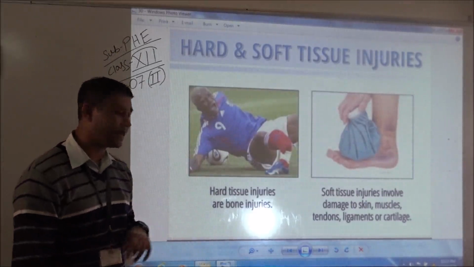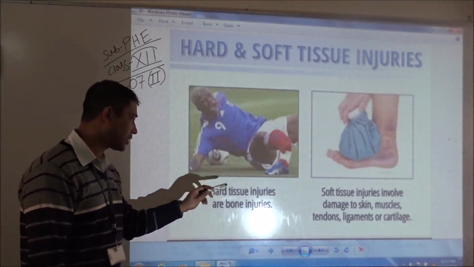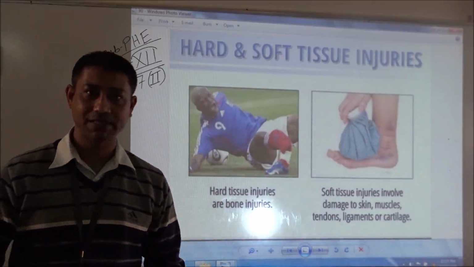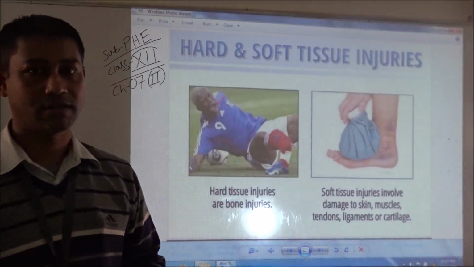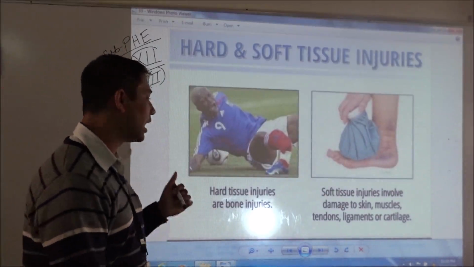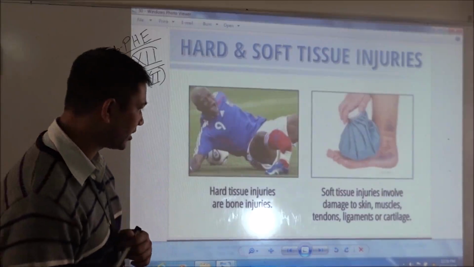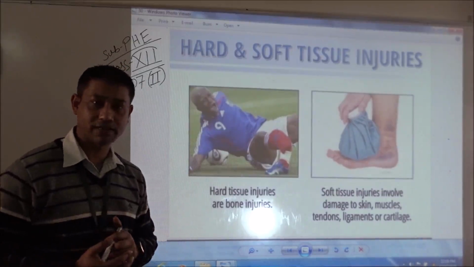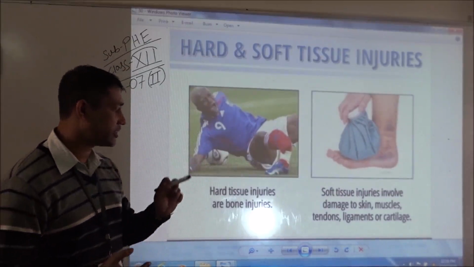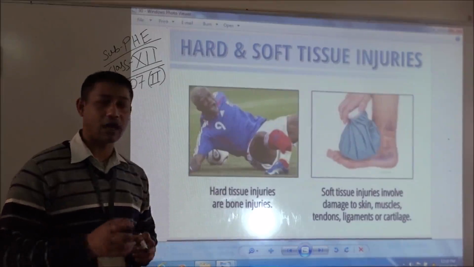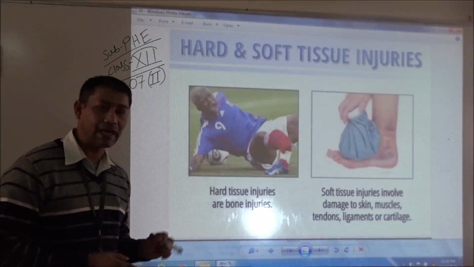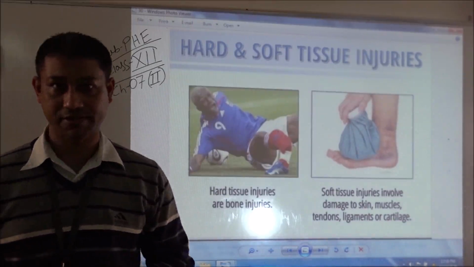As you can see in the image, hard tissue injuries are bone injuries, means basically various types of fractures we will be discussing under hard injury. Next is soft tissue injury. On the right hand side image you can see that soft tissue injuries involve damage to our skin, muscles, tendons, ligaments, and cartilages.